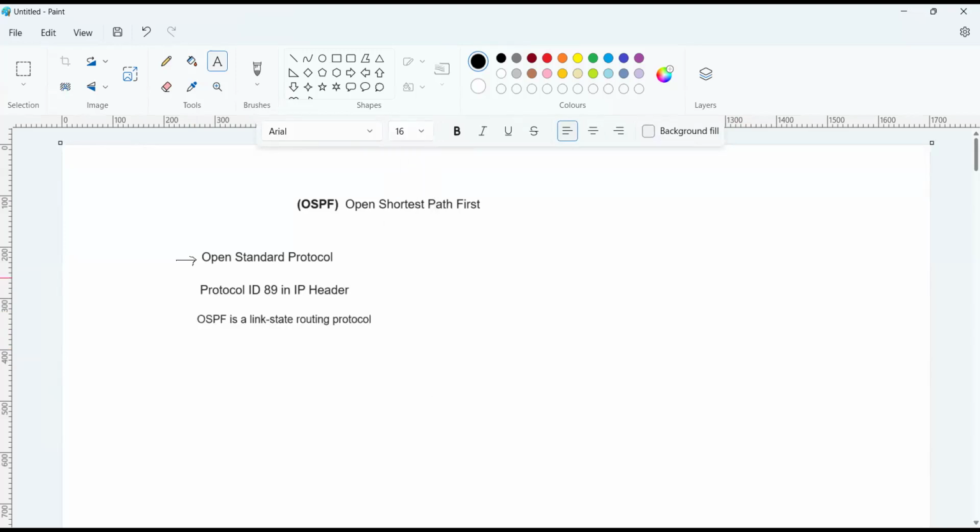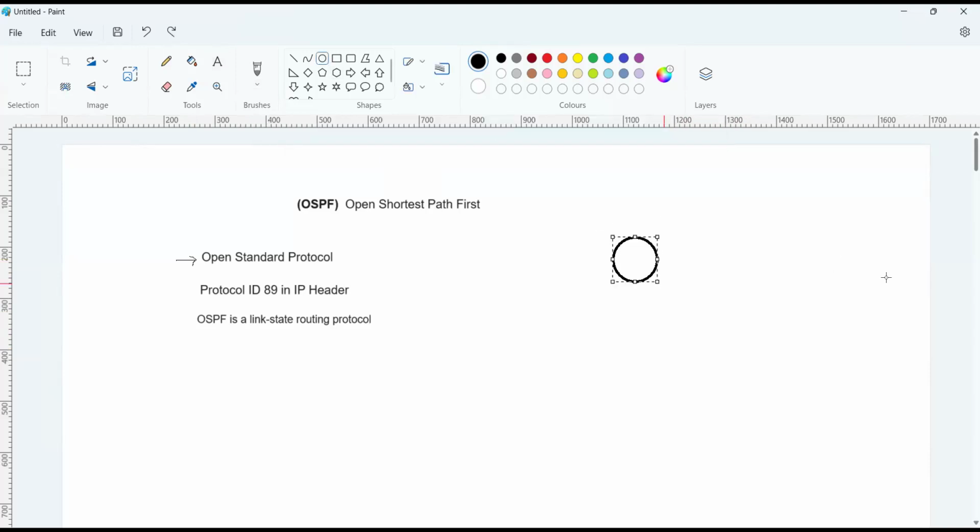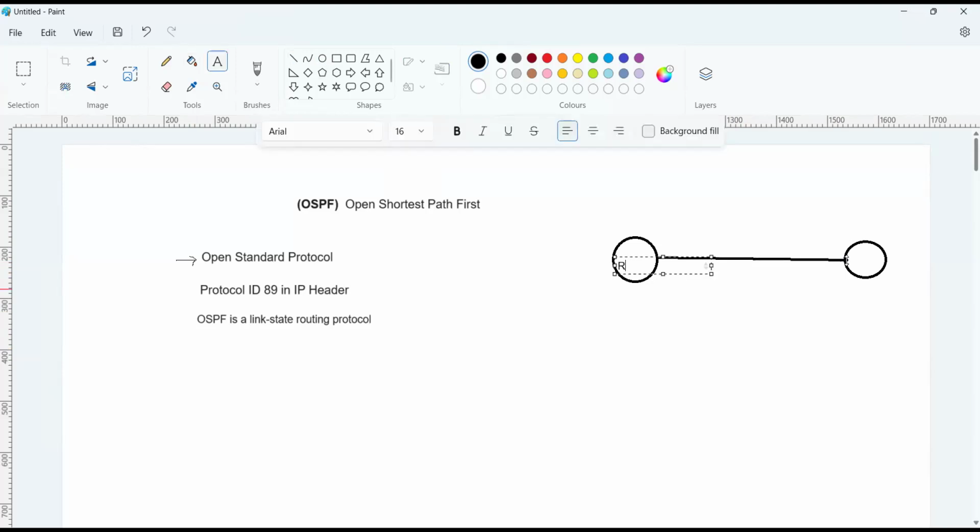In a distance vector routing protocol, if any changes occur in the routing table, say we have router 1 and router 2 connected, and R1 has hundreds of prefixes and R2 has hundreds of prefixes.